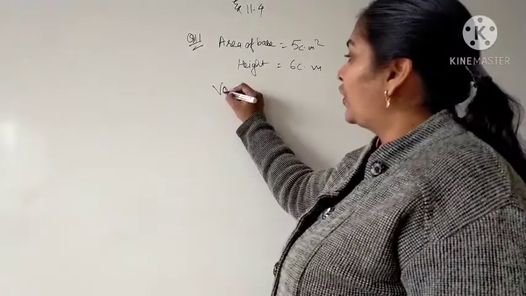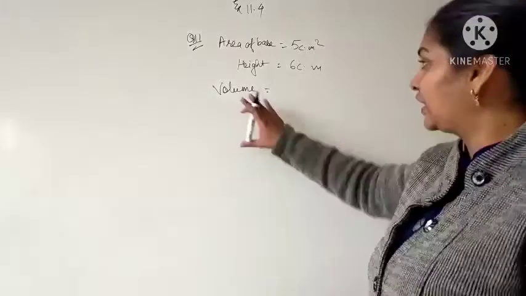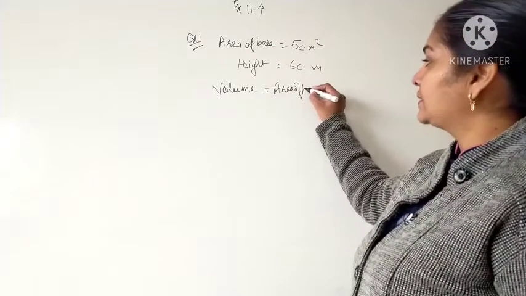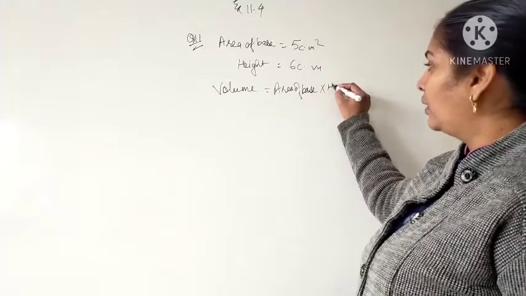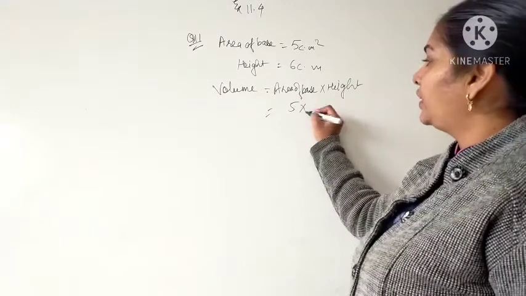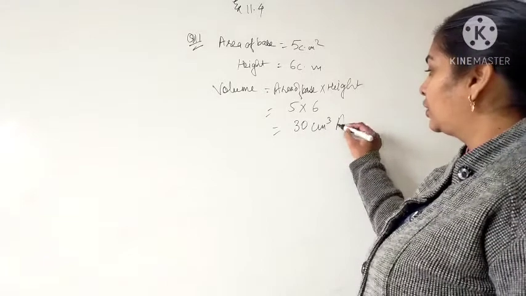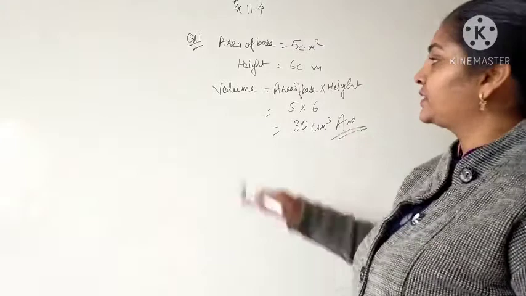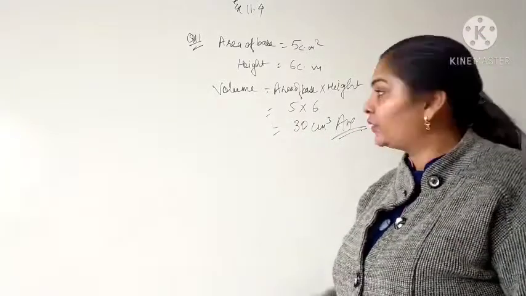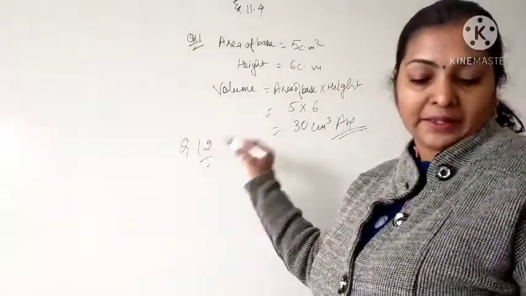You are supposed to find the volume. Again the same concept, volume is equal to area of base into height. Just substitute the values: 5 into 6 is equal to 30 centimeter cube. So the volume of the cylinder will be 30 centimeter cube, as we know that volume is area of base into height.